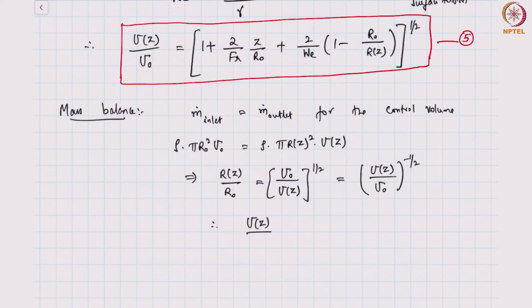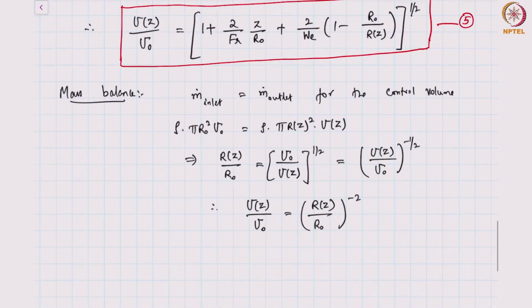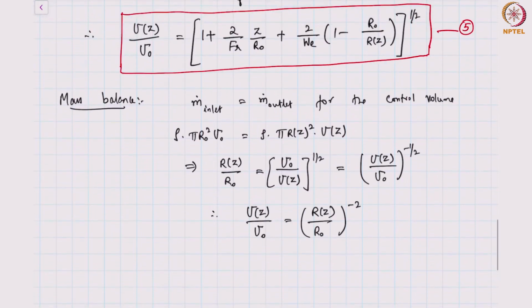From this I get a relationship between the ratio of the velocities as r of z by r naught whole power minus 2. So let's now substitute this into the equation. Wherever there's u of z by u naught, I can substitute r of z by r naught. Let's do that. We'll call this equation number 6.